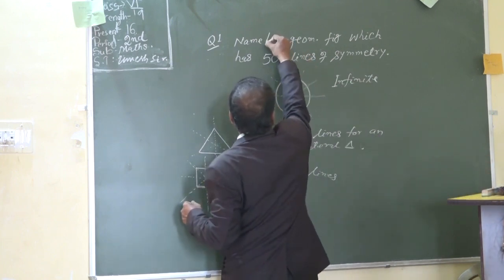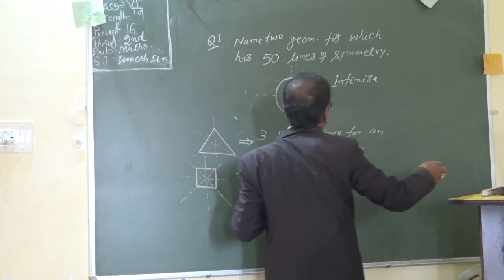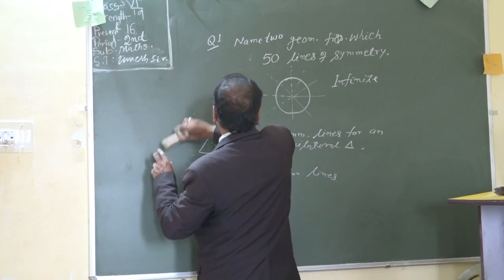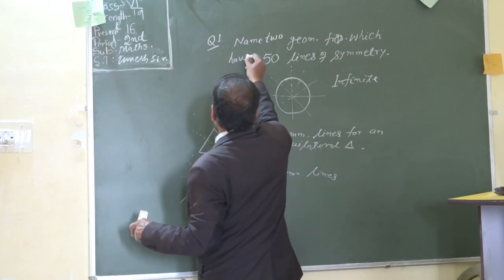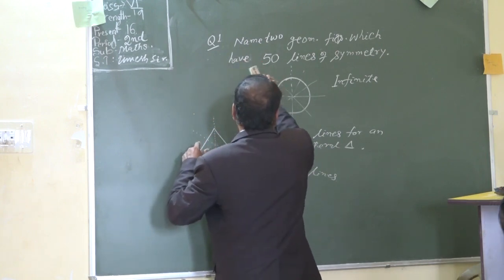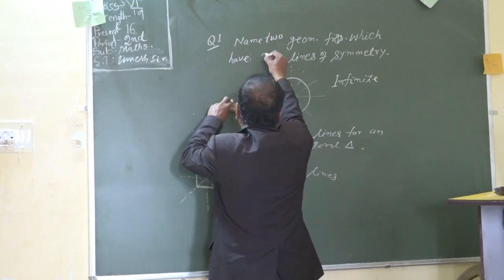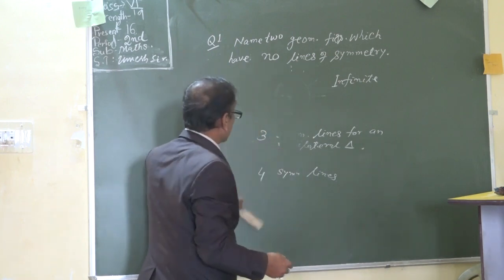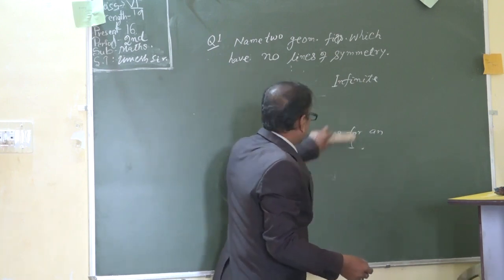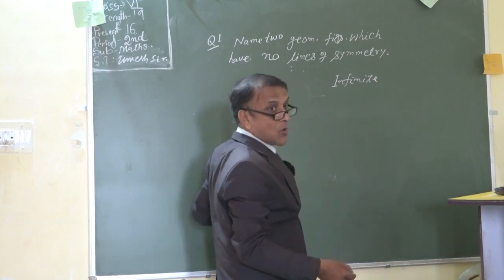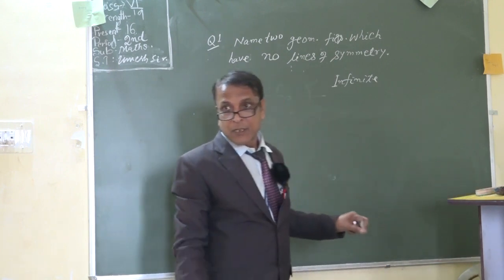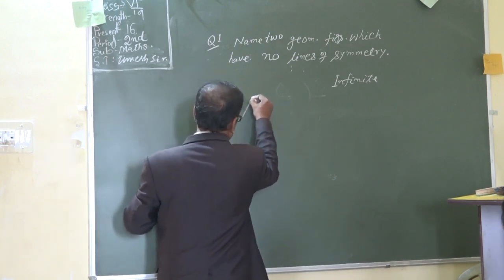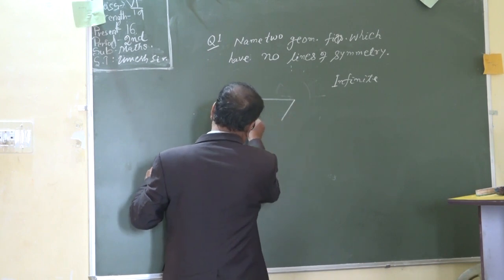Now, name two geometrical figures which have no lines of symmetry. Name two geometrical figures which have no lines of symmetry. Correct. One is a parallelogram. Yes, it is correct.